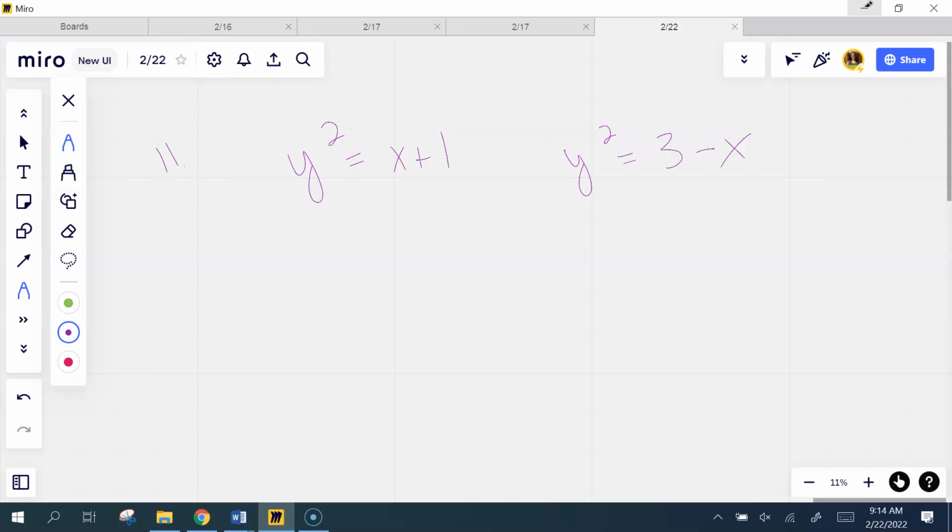I'm going to solve it for x so that I solve it with respect to y instead of with respect to x. So I'm going to move the 1. So I have y squared minus 1 equals x. Agree or disagree? Okay.